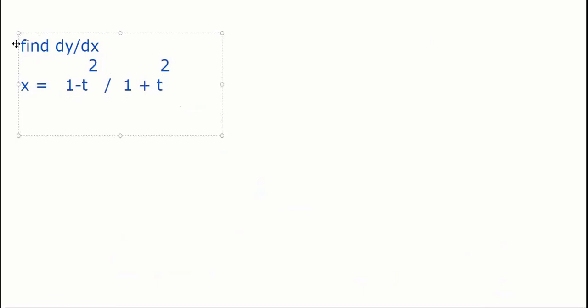And y equals 2t over 1 plus t square. Can you solve quickly? What will be dy over dx? x is given this, y is given this, both in terms of t. It's an easy question, I know.